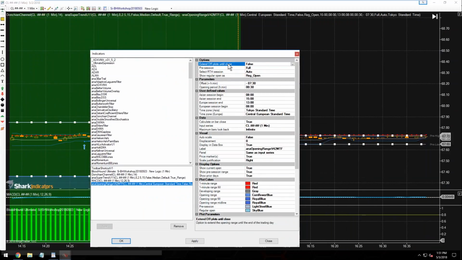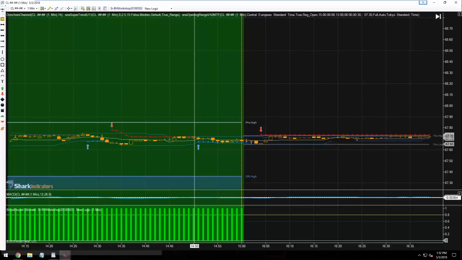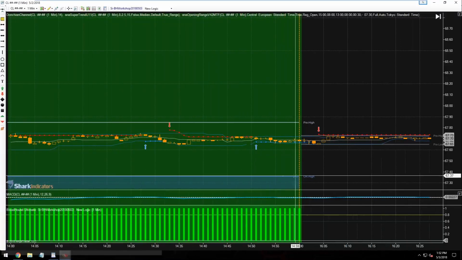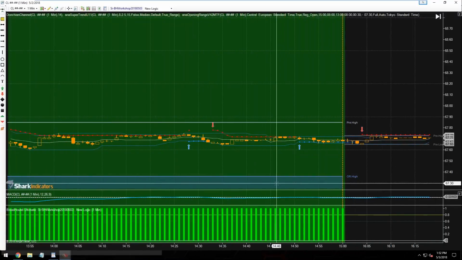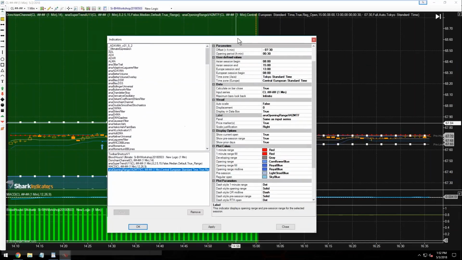Shoot. I was hoping that maybe this would turn the plot off once the breakout happens. But, yeah, it doesn't look like it's having any effect. Oh, hold on. Let me turn some other stuff off.